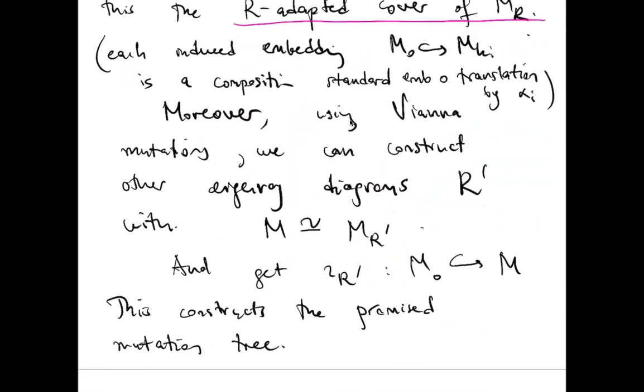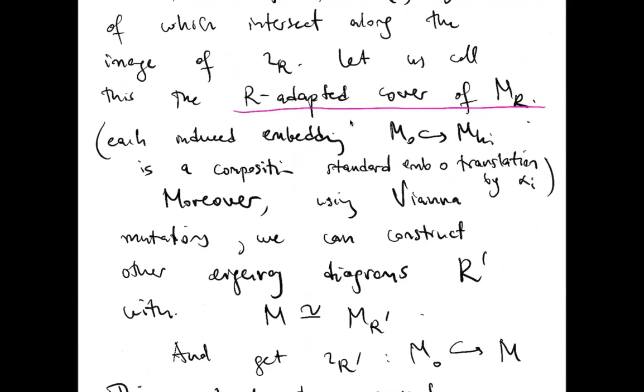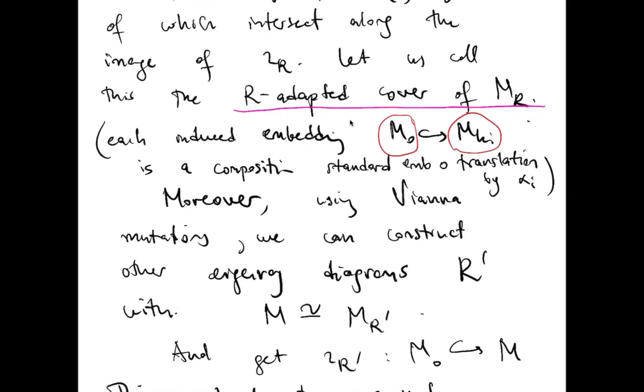Okay, so that gives me what I will call an R-adapted cover of MR by these MKIs intersecting along M0. These embeddings are also standard. If you had just MKI with just one singularity, you could push that one to infinity and get an embedding of T star T2 into MKI.